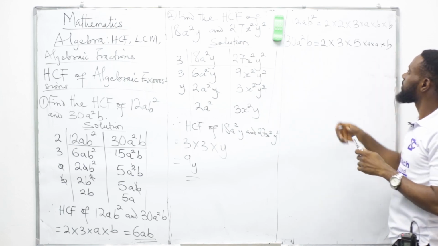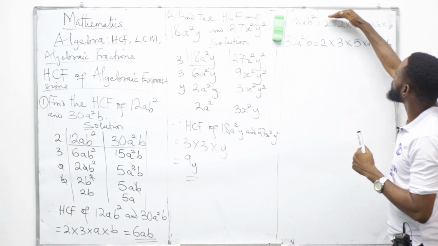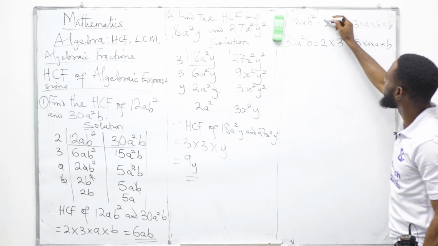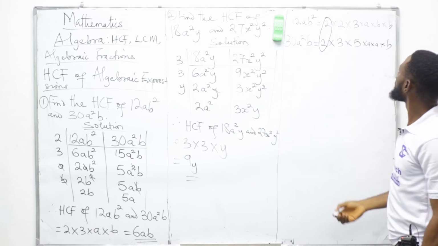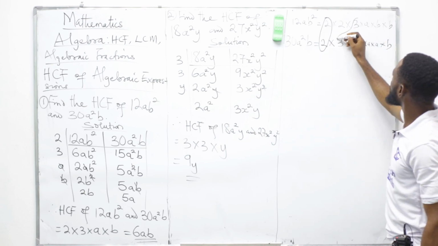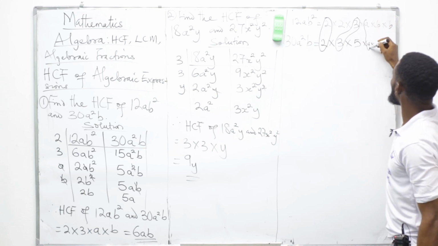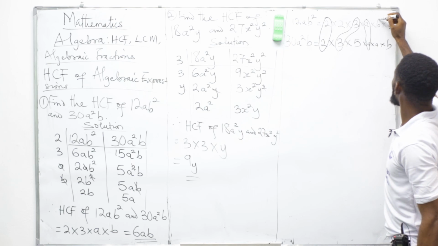What we will now do is match the numbers you have here with the same numbers we have here. For example, we have 2 here, so match 2 with this one. We have 3 here, match 3 with this one. We have a here, match a with this one. Do we have b? Match b with this one.